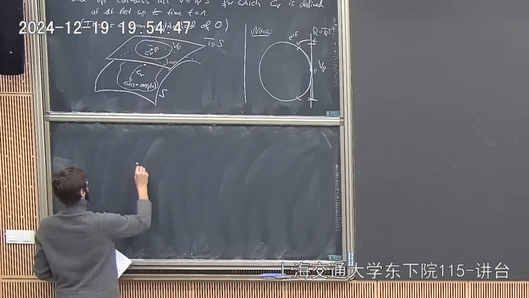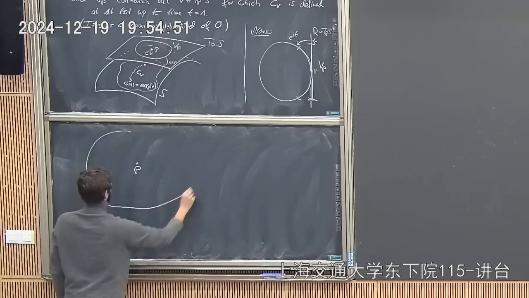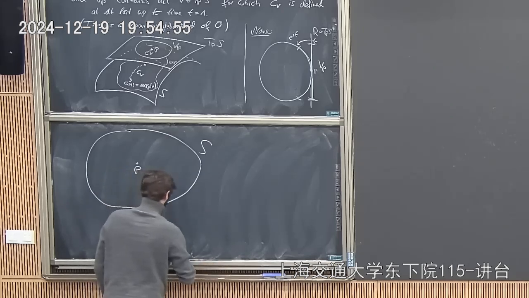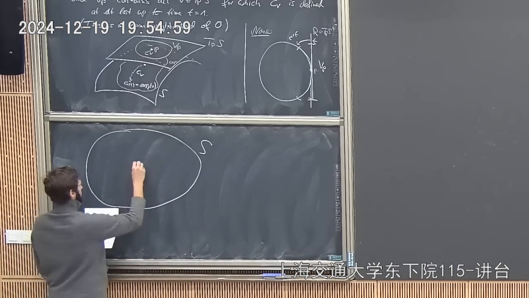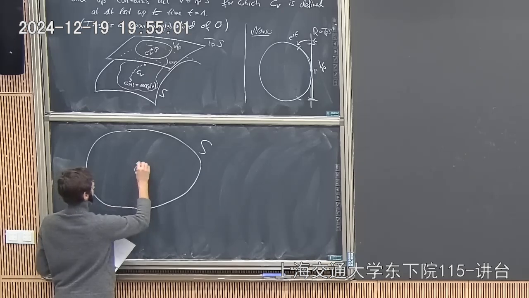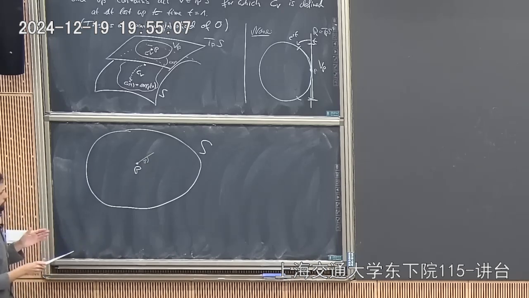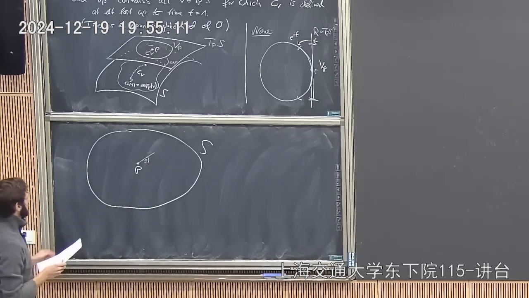We choose our point P, and then we have our surface. And what we do is, for a given phi, we take a vector that goes in a certain direction that is essentially given by F1 and F2.